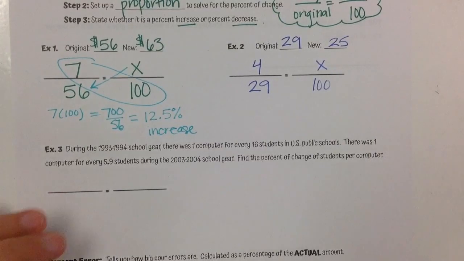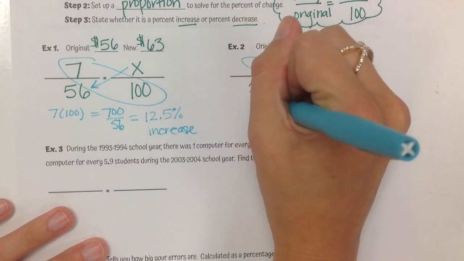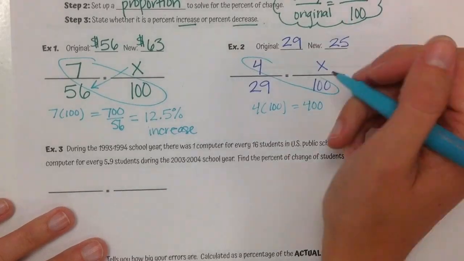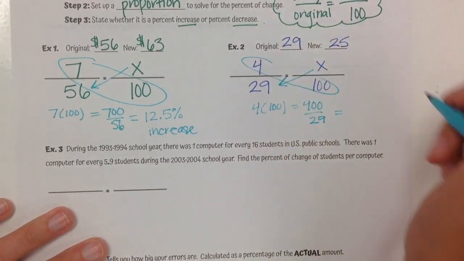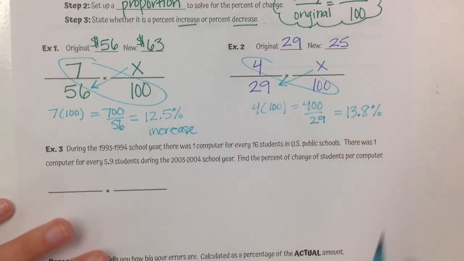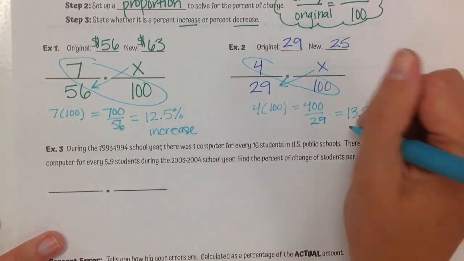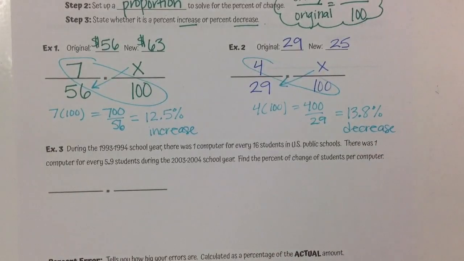So again, I multiply the two numbers that are opposite each other. 4 times 100 equals 400. I divide by the number opposite the variable, so divide that by 29, and I get about 13.8%. This time our new number is smaller, which means it was a decrease. You have to include both the percent and whether it's an increase or decrease.